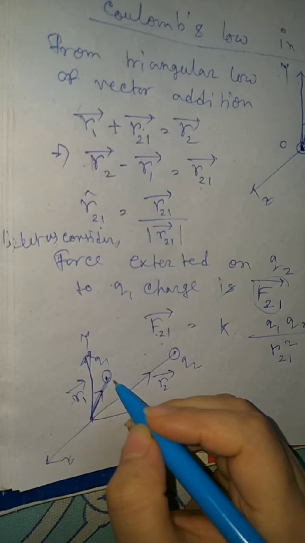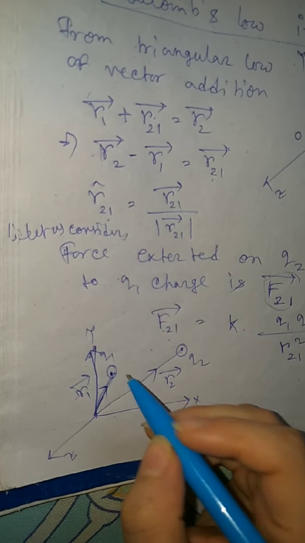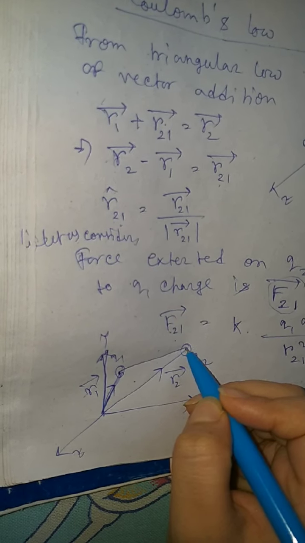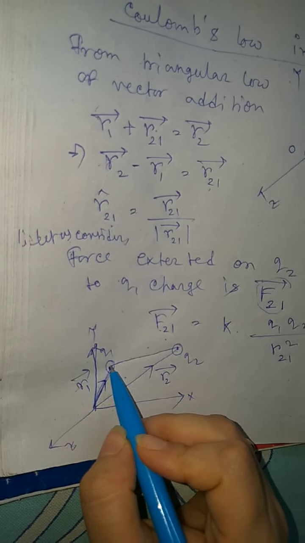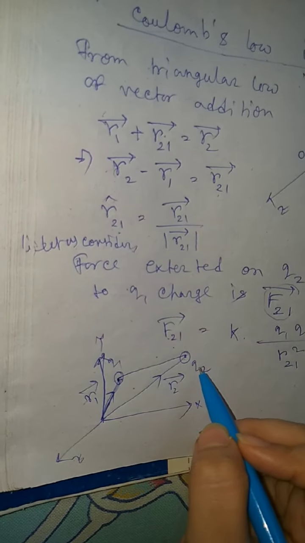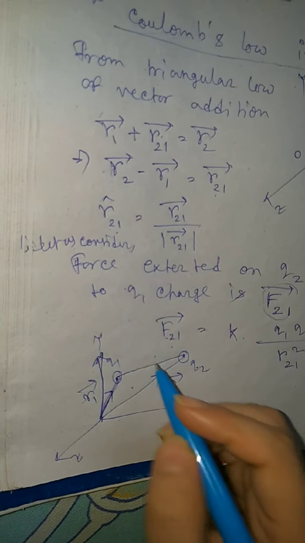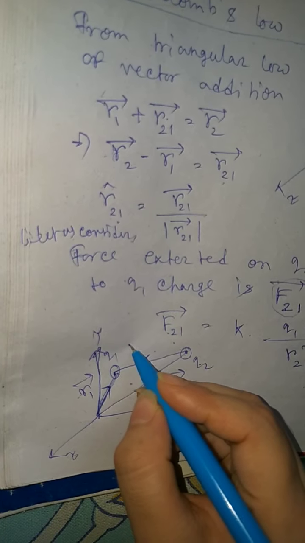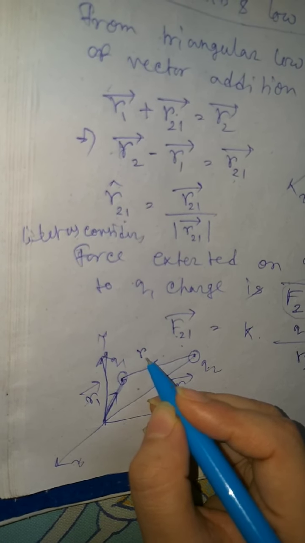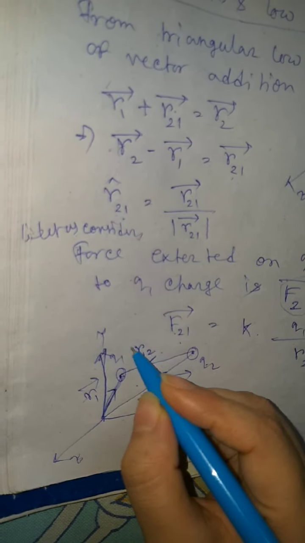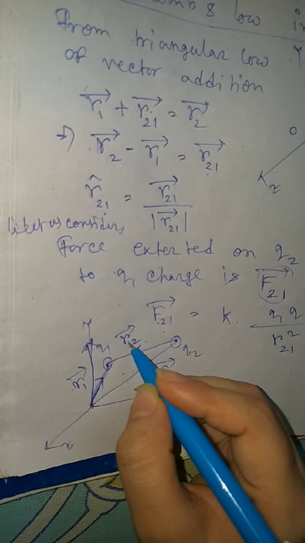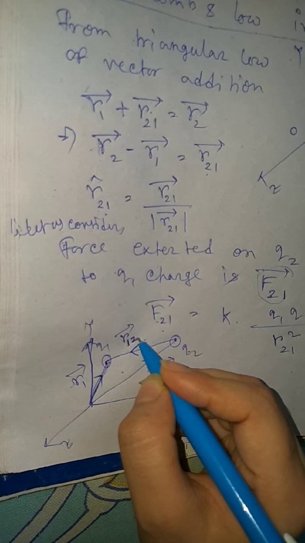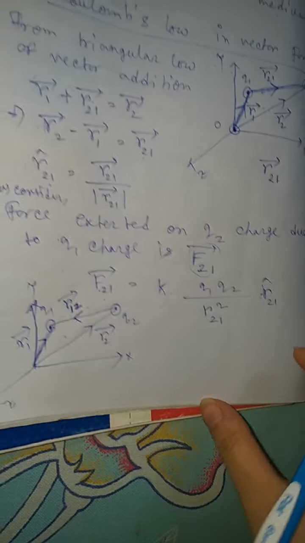So now I am taking position vector of Q1 charge with respect to Q2 charge. So obviously the direction is along this side, and this position vector is represented by R12 vector. This represents position vector of Q1 charge with respect to Q2 charge, right?